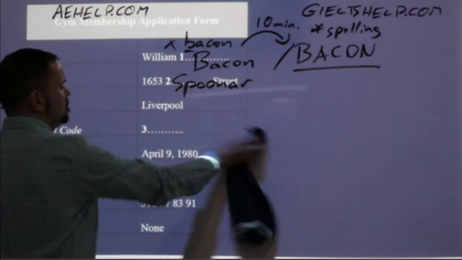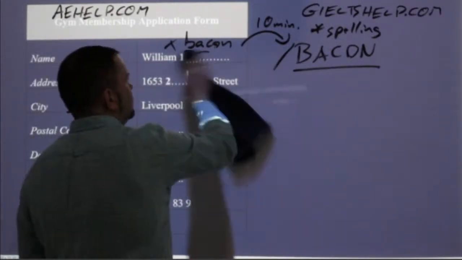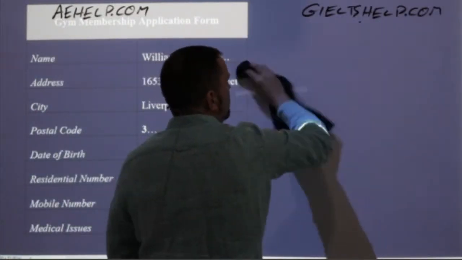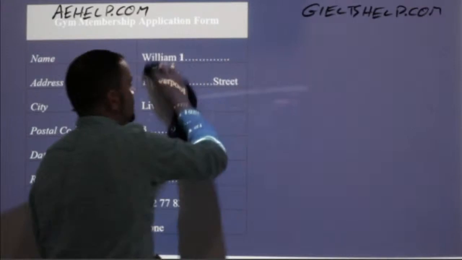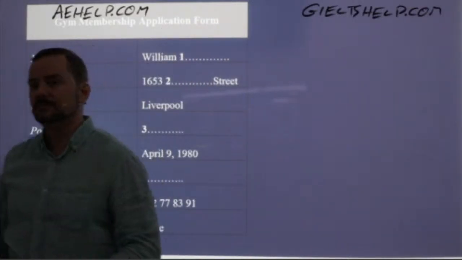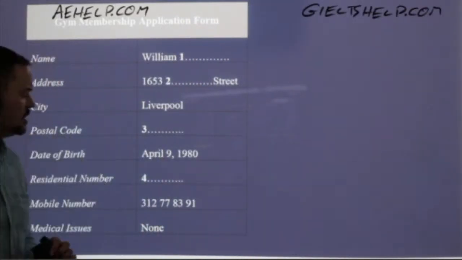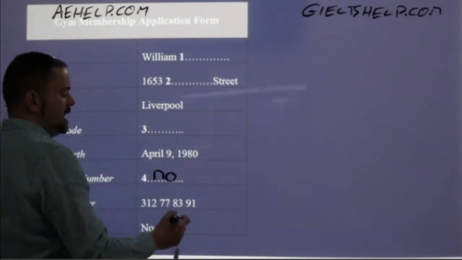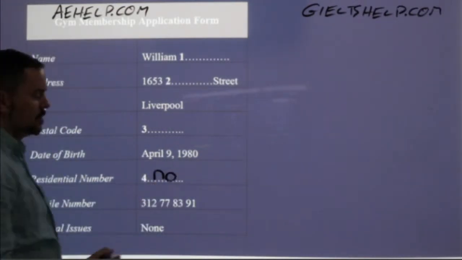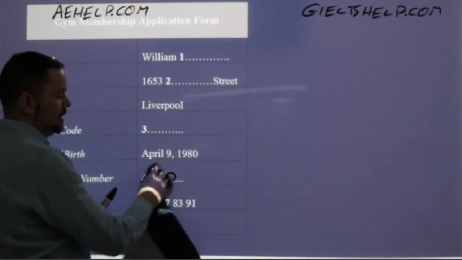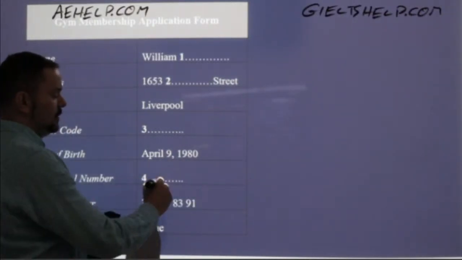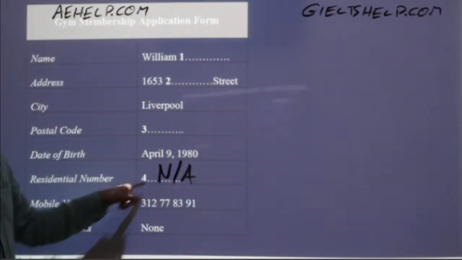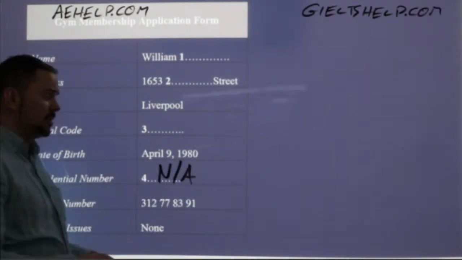Non-number is strange. I don't think they would mark that correct. Okay, so careful. It's no number. Non-number is weird. Okay, that wouldn't be acceptable. So if you write no, so residential number no, yeah, I think they'll give you that for no. I sometimes, in my forms, I write NA, which means not applicable. Okay. That would be correct as well.